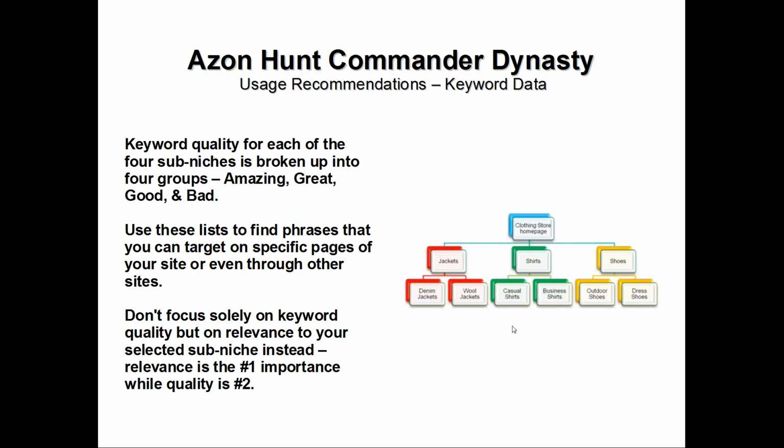This is really how I build almost any website that I put together. And you can do this same type of thing using these keyword lists that are available for you in this package. But again, rely upon relevance to get these sorted out in a manner that's actually going to make sense on your site first, and then worry about whether those are quality keywords or not that can actually bring in traffic for you.